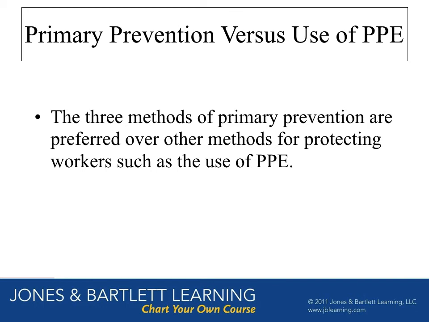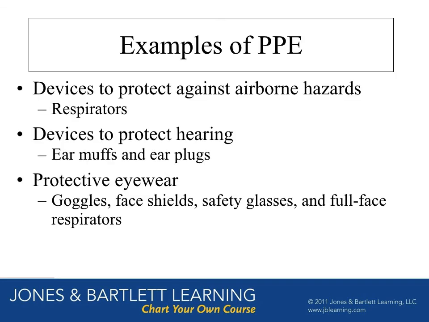So if there's adequate ventilation in a building, it may reduce the need for more stringent levels of personal protective equipment, but those things have to go in combination to reduce the physical hazards of disease in occupational settings. Some of the examples are respirators, earplugs to protect against hearing impairment or hearing loss, protective eyewear such as goggles, face shields.